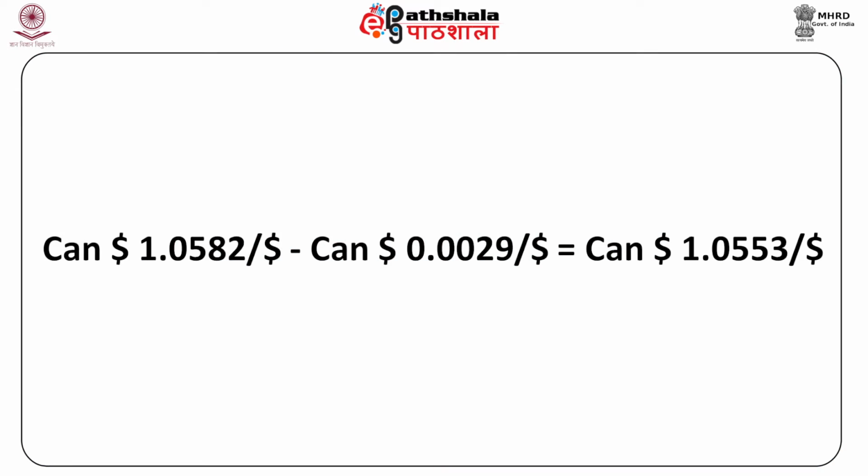The outright bid on the US dollar for 6-month forward is Canadian dollar 1.0582 per US dollar minus Canadian dollar 0.0029 per US dollar, that is equal to Canadian dollar 1.0553 per US dollar.